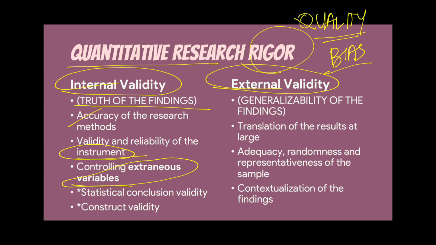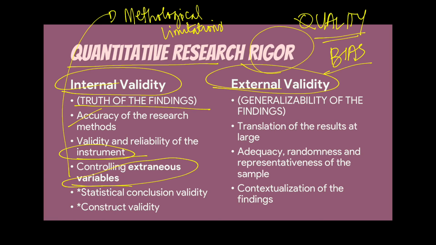And when you cannot control extraneous variables, they have to be admitted in the methodological limitation section. So it's important. In writing research, honesty is a big thing. The researcher is not a god, and it's not perfect. They will be encountering a lot of extraneous variables that they cannot control.